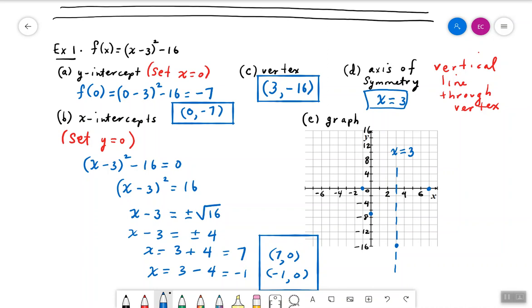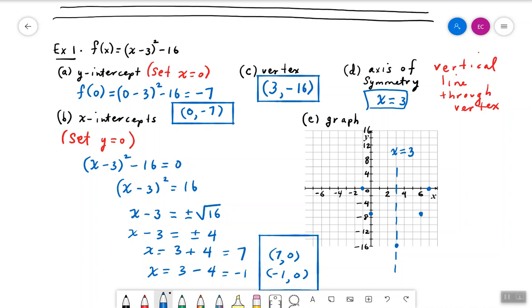And then remember, the right is a mirror image of the left side of the graph. And so let's take this point at 0, negative 7, and let's flip it over. Where does it wind up? Well, from 0, negative 7, we count over 1, 2, 3 units to get to the line of symmetry, and then we count 3 more to find its new location there at 6, negative 7.